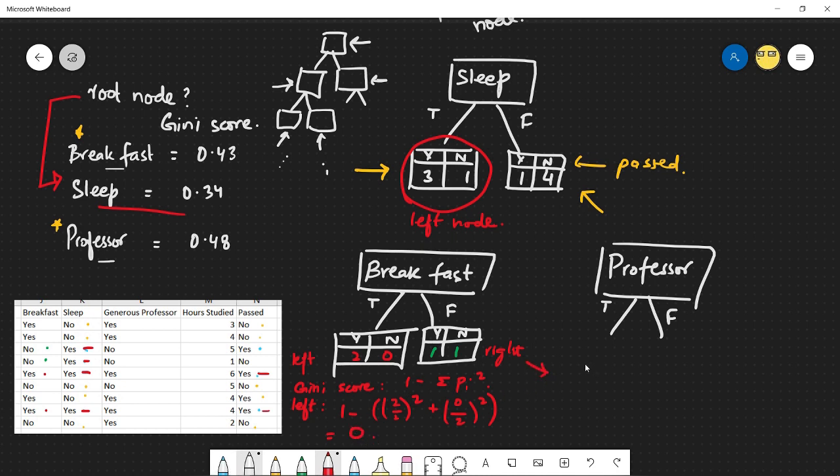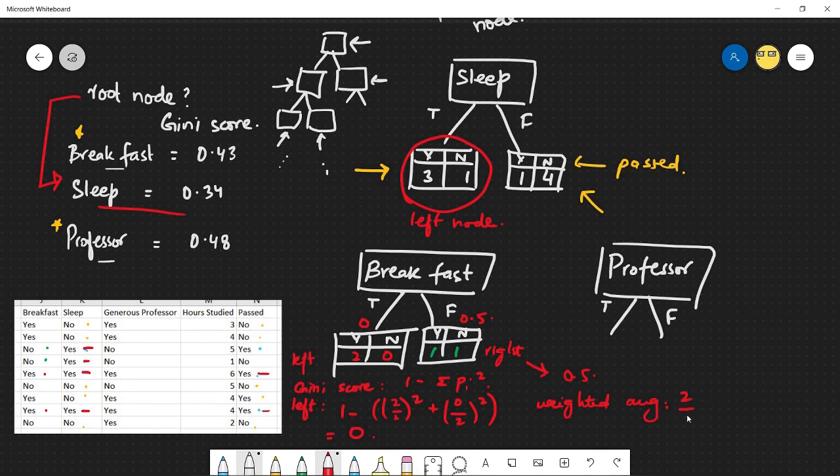And for the right node, we're going to do the exact same thing. And once you solve it out, you'll get a Gini score of 0.5. So I'm going to put a 0 here and a 0.5. And again, if you do the weighted average now, you'll have 2 over the total.